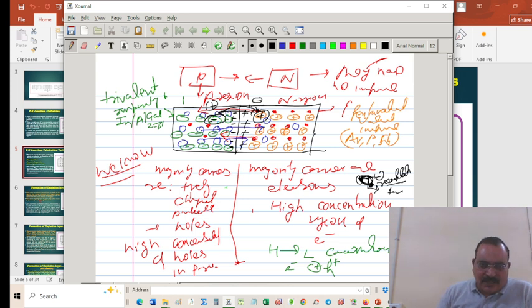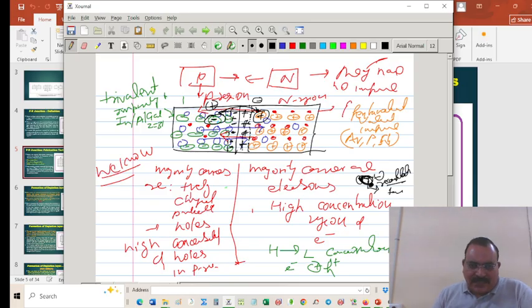It means a region is formed in which on one side positive charges have come and on the other side negative charges have come. Now see, this region is created automatically after the movement of the charges from one side to the other.